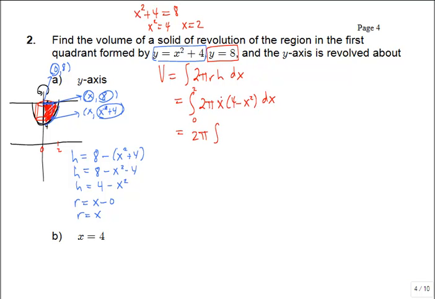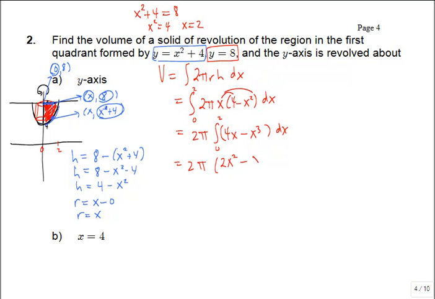I'm going to go ahead and distribute my x across, so I get 4x minus x cubed dx. And if I integrate 4x, I'm going to get an x squared over 2, but that 2 on the bottom goes into the 4 on the top and just gives me a 2, so 4 over 2 reduces to 2.